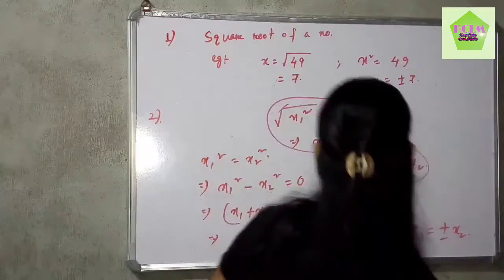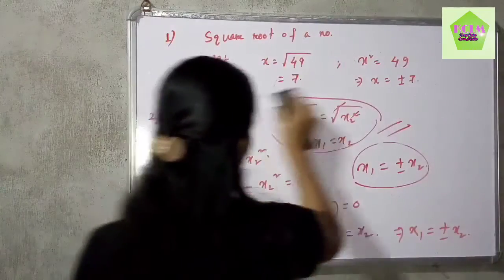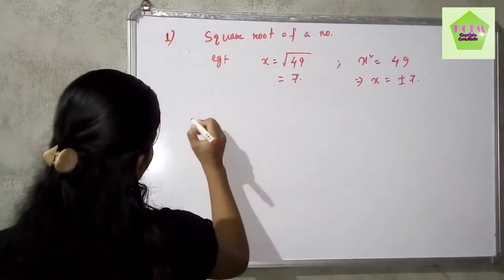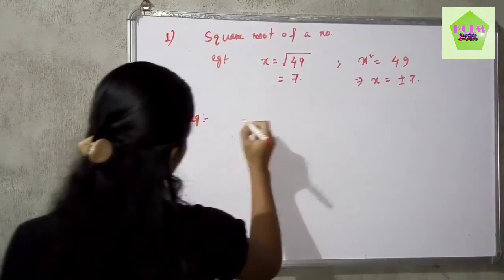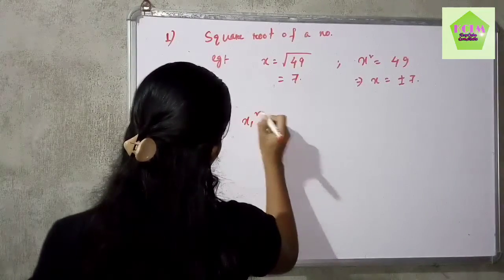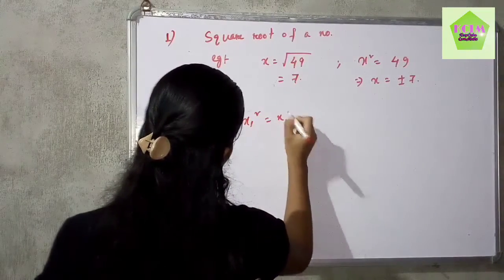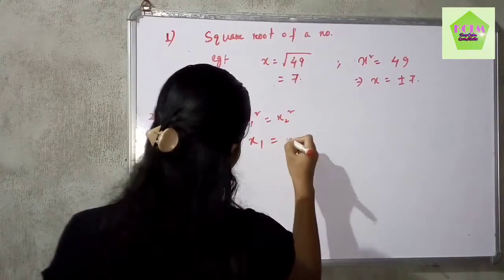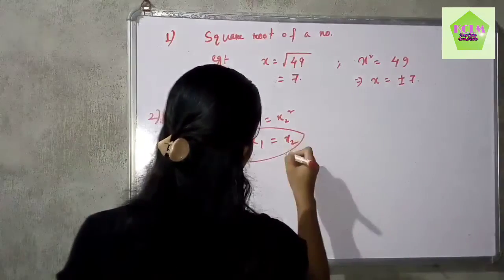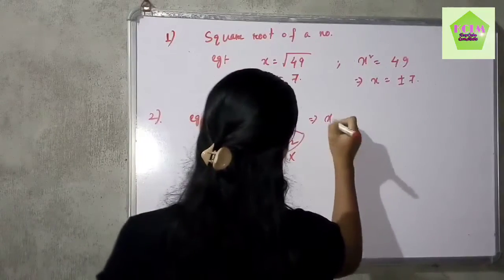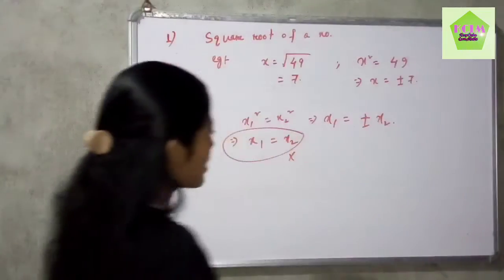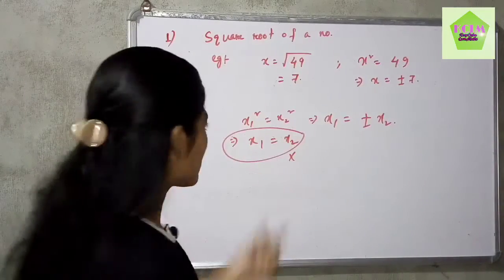So I hope trick number 2 is also clear to you. In the example, whenever x1 square equals x2 square, it does not mean that x1 equals x2, but x1 will be equal to plus or minus x2. How? I have just shown, right?